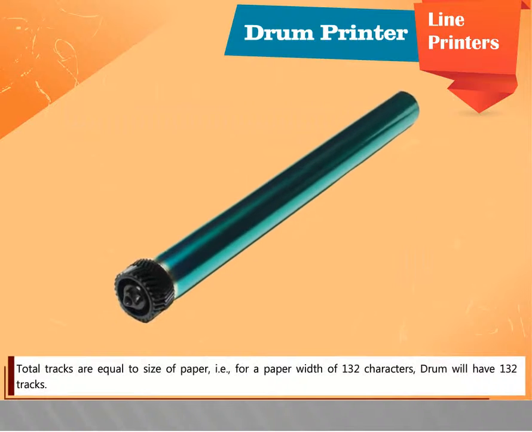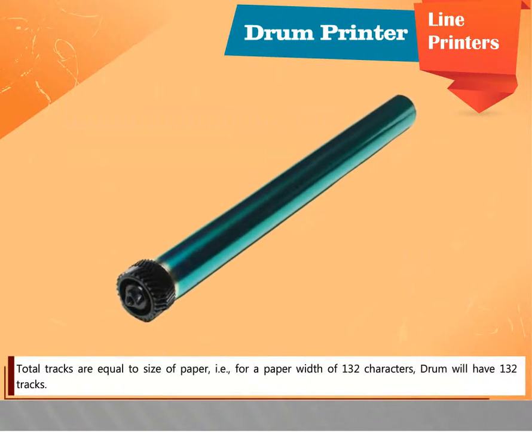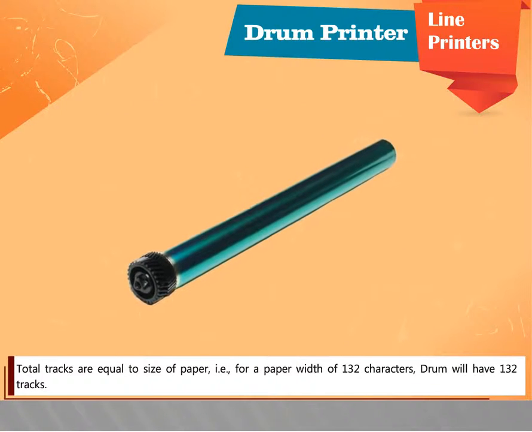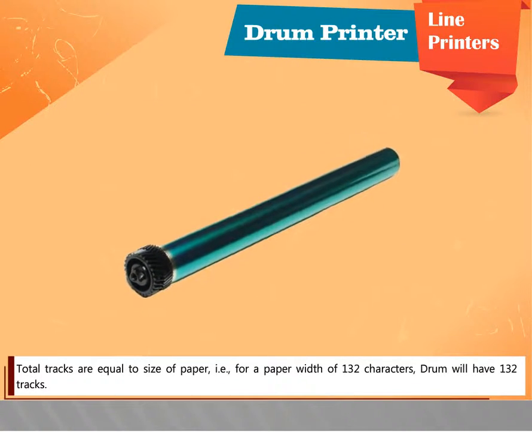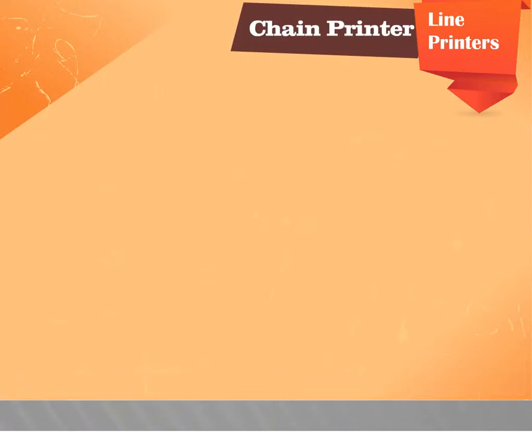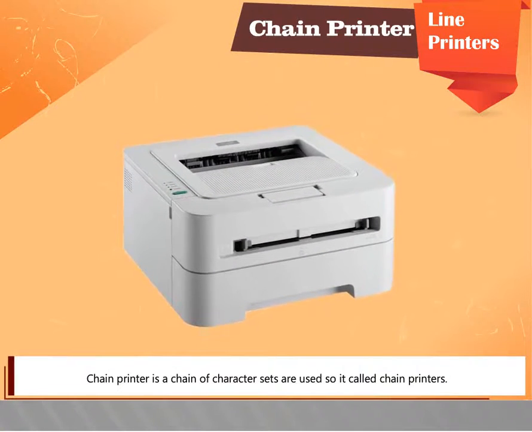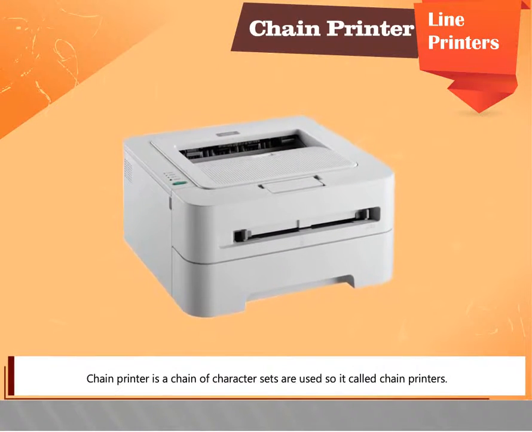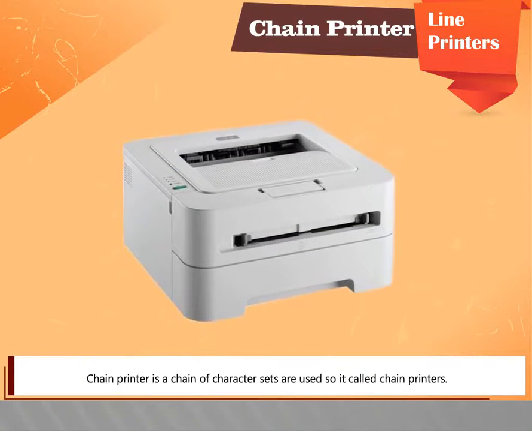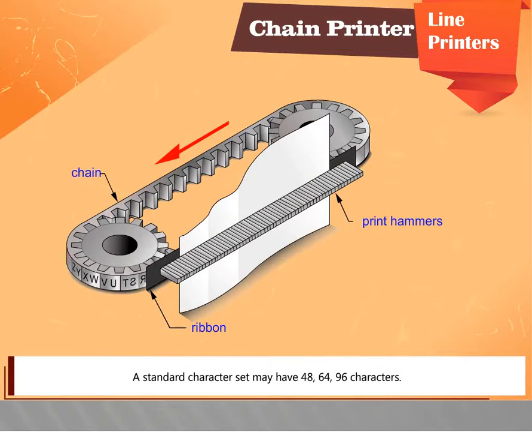Total tracks are equal to the size of the paper. That is, for a paper width of 132 characters, the drum will have 132 tracks. Chain printer. In a chain printer, a chain of character sets is used, so it is called a chain printer. A standard character set may have 48, 64, or 96 characters.